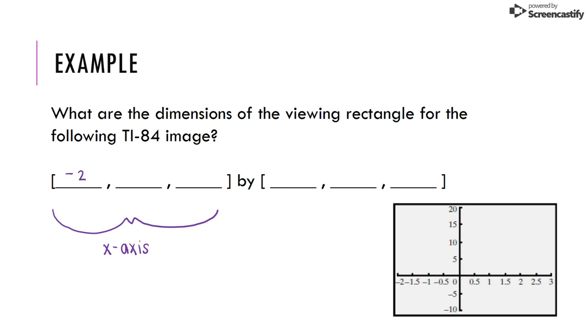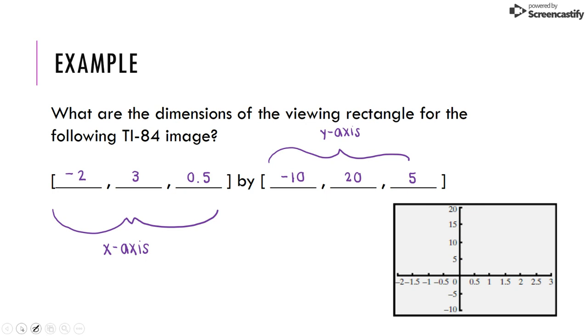Looking over to the far right, 3 is my highest number, so that's my maximum x value. Notice that each of these tick marks are going up by a half, so that's that third number in the bracket. Then the second set of brackets, we are representing our y-axis values. So once again, we start with the minimum value on the y-axis, that's negative 10. Notice that the highest number up here is 20, and the tick marks are going up by 5s. So these would be the dimensions of the viewing rectangle in this particular figure.